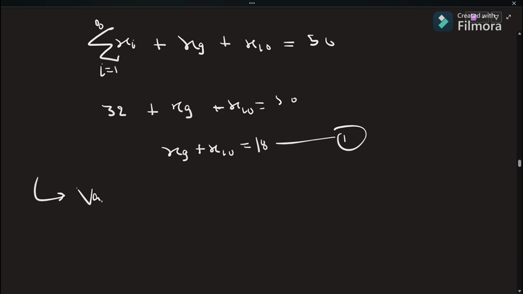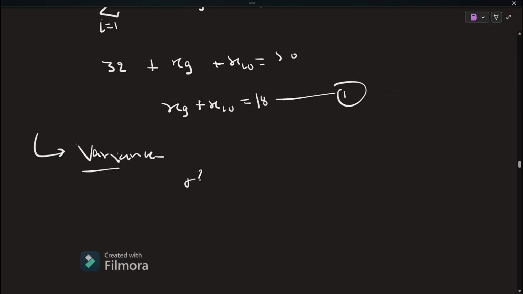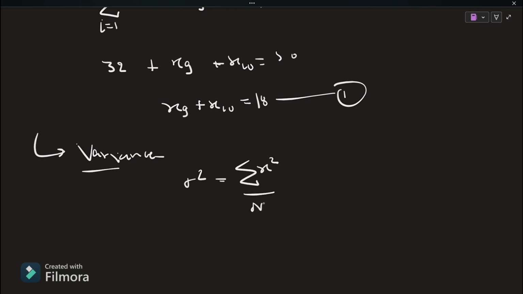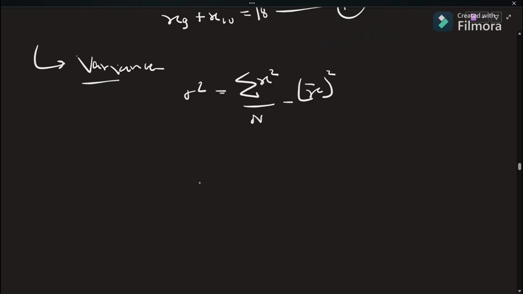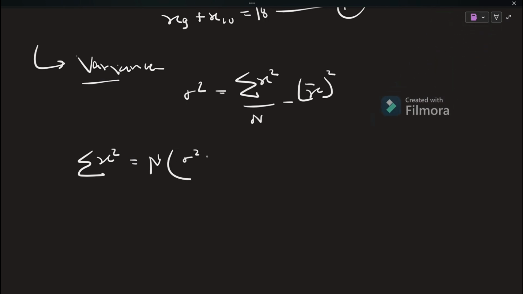Now for the variance. The formula is sigma square equals summation of x square by n minus the square of the mean. So we need summation of x square equals n times sigma square plus x bar whole square.